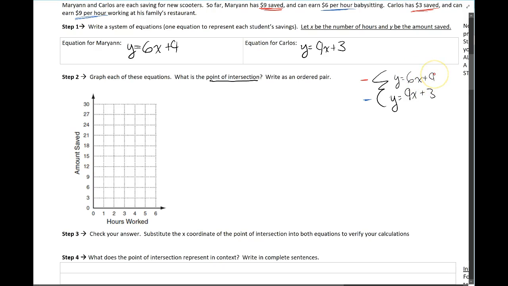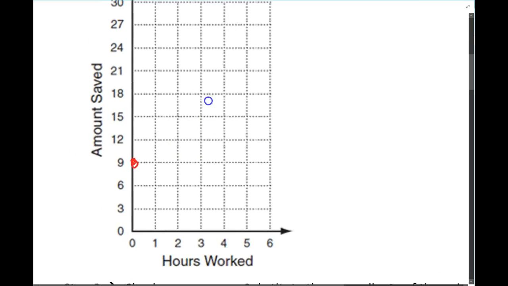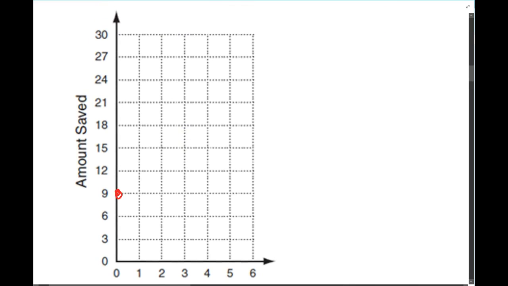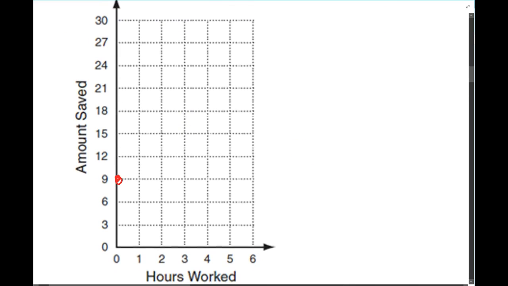I know that my y-intercept in this case is 9 for my red line, so I'm going to put a dot at 9, and I see that the slope is 6x. I see that my x values here are going up by 1s, and my y values are going up by 6s, I'm sorry, I can speak.